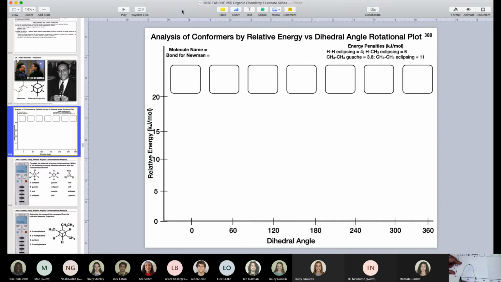What does this curve mean? So in terms of this model here, so here's this Newman projection. I've just made the model. That Newman projection is sitting at this point on the curve.